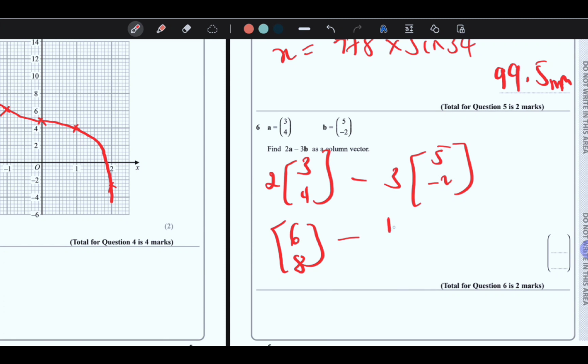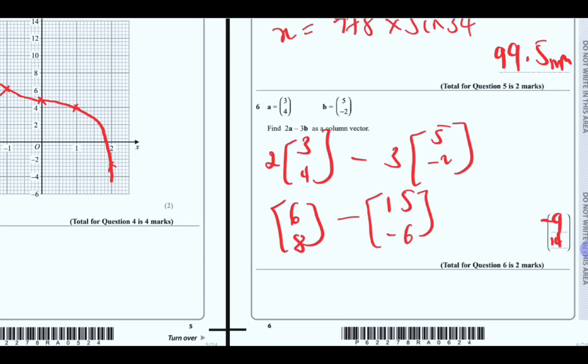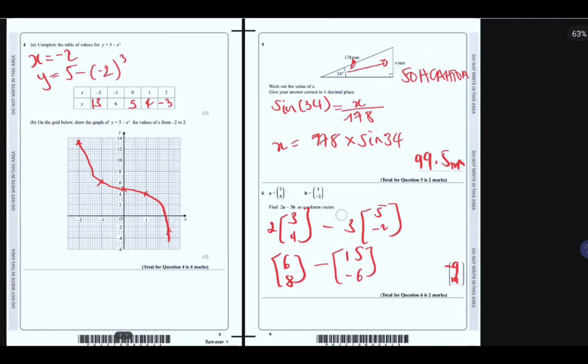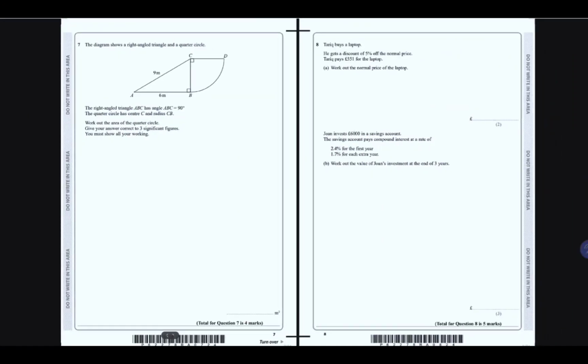And this would be 15 and -6. So then we do 6 minus 15, which is going to be -9. And we do 8 minus 6, which is 8 plus 6, and that will be 14. Let me put in the negative there. Okay, there we go. Next slide.